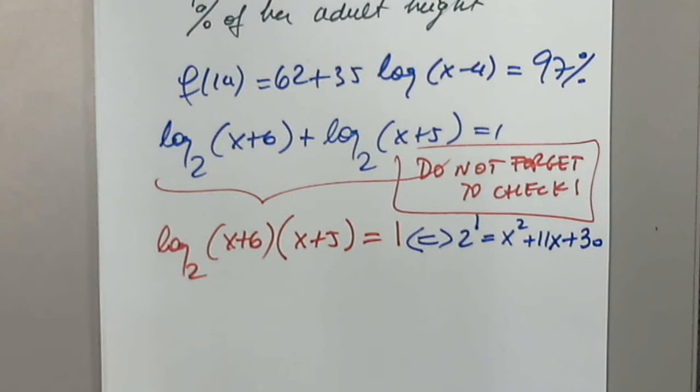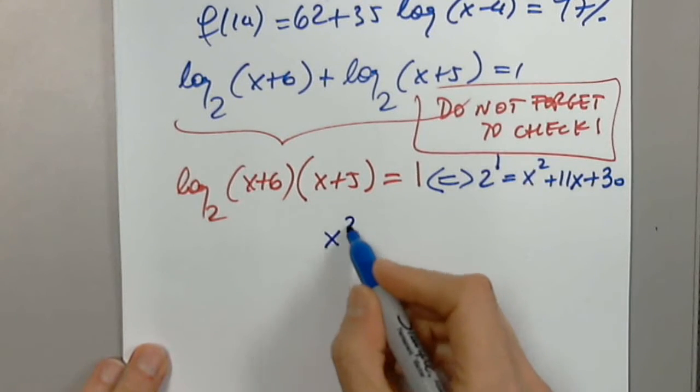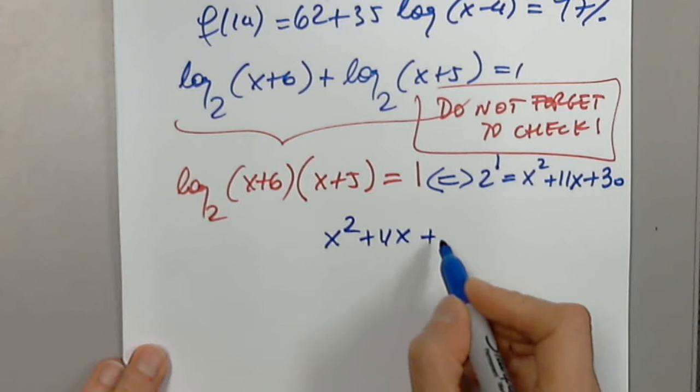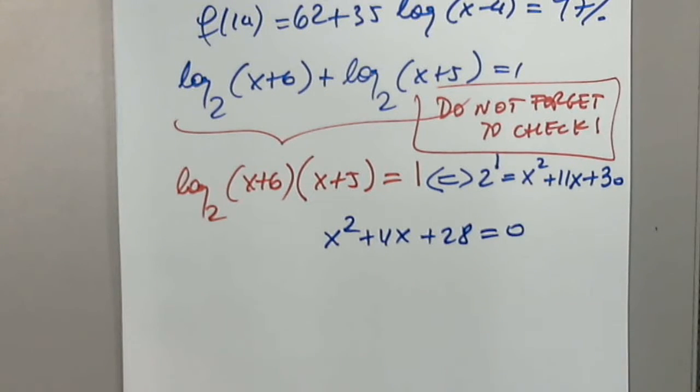Now I'm asking myself another question. What is this? So that I know how to address the issue or to solve it. What is it? Quadratic. So I have to set it equal to 0, obviously. So x squared plus 11x plus 28 equals 0 by subtracting 2 from both sides.